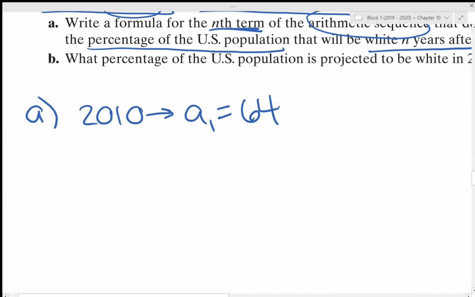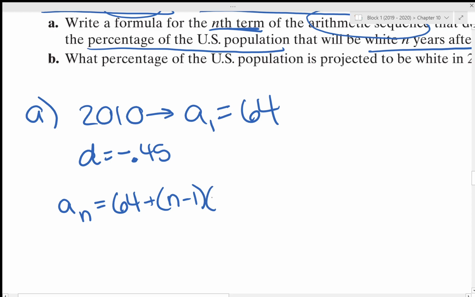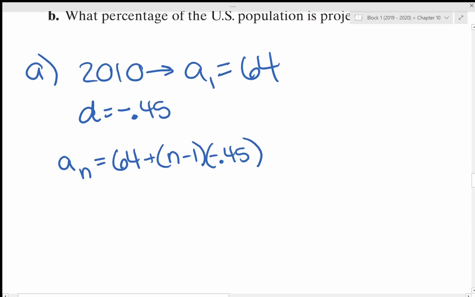So our common difference we found to be minus 0.45% a year. So now to find my nth term, a of n equals my first term, 64, plus n minus 1 times my common difference, negative 0.45. Now let's try and simplify this a little bit, just so it looks a little cleaner.